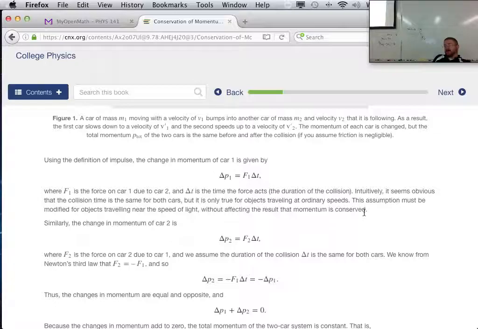So if your original momentum in your system is forward at 5 kilogram meters per second, which is the unit for momentum, it's mass times velocity, then if that's your momentum at the beginning, that has to be your momentum at the end. Even if you have multiple momentums, they all have to add up to equal that 5 kilogram meters per second to the right. I think that's what I said to begin with.